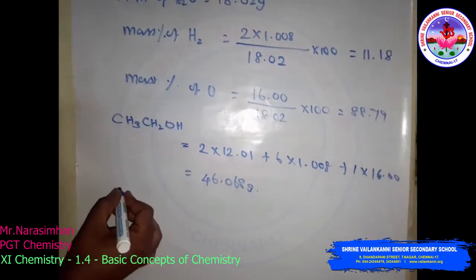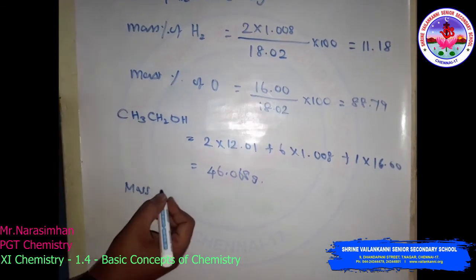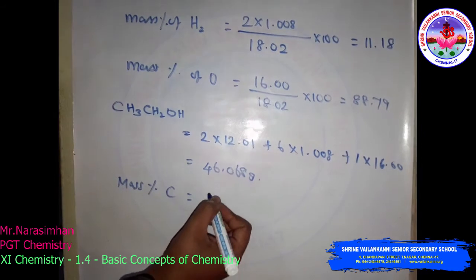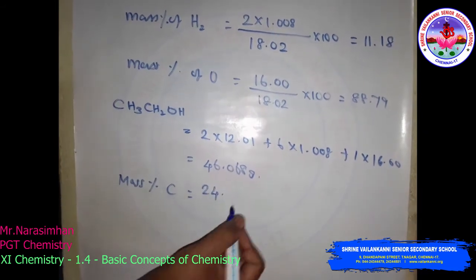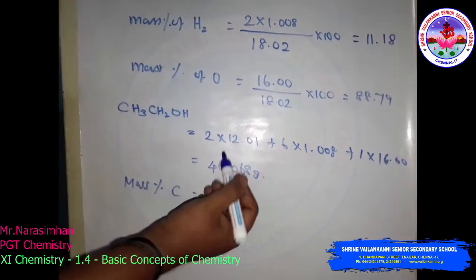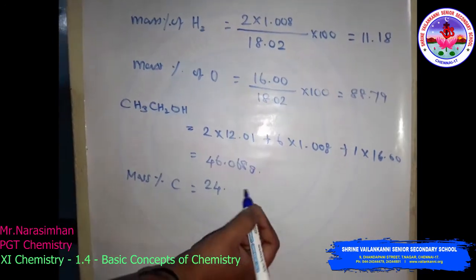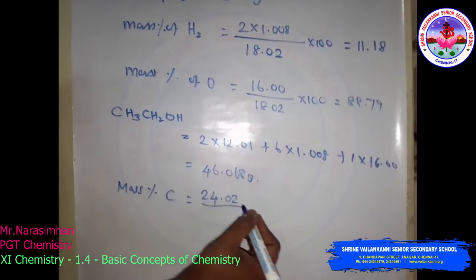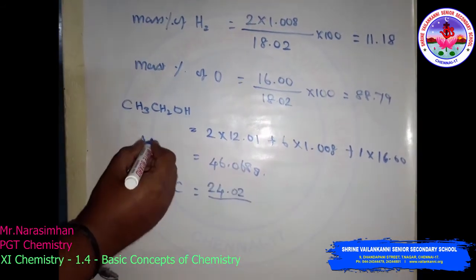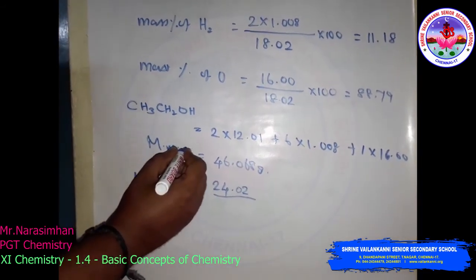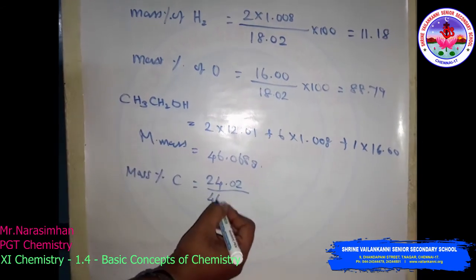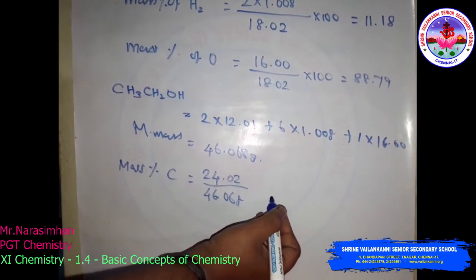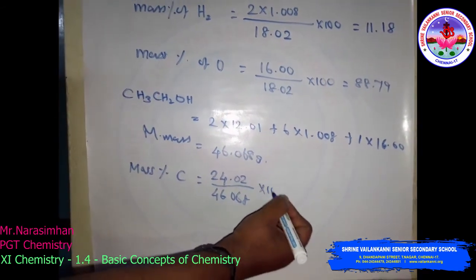Then you have to calculate the mass percentage of carbon. Mass percentage of carbon is equal to 24.02, because 2 into 12.01, divided by the molar mass, 46.068 gram, into 100.